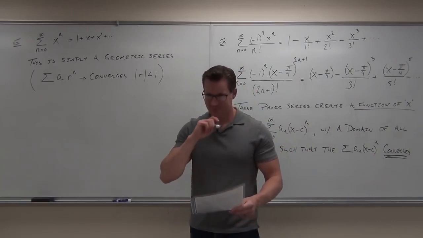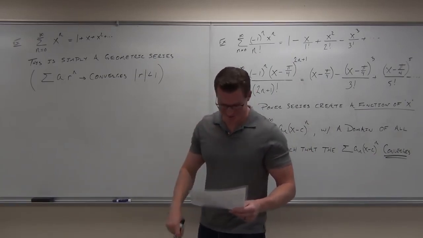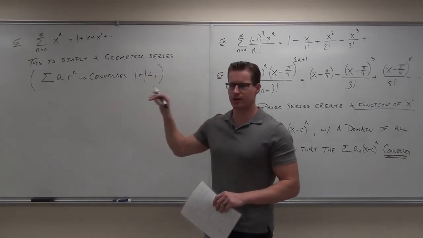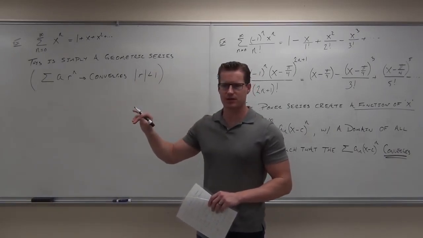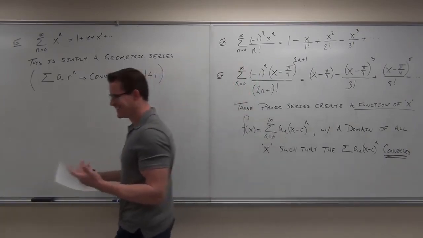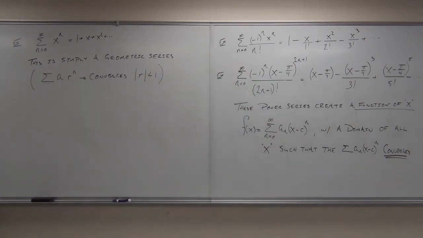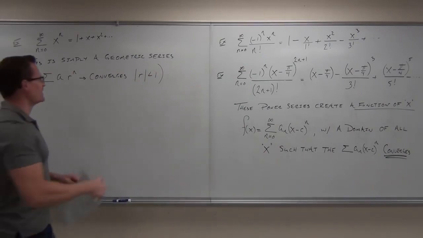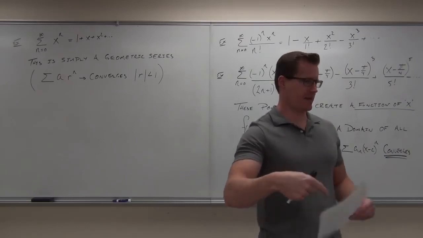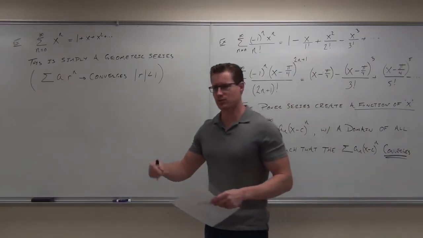Make sure it's on your note card. By the way, that r, I don't know if I ever told you this, is called the common ratio. Did I ever tell you that? No. It's called the common ratio. Like 20 sections later. Whatever. So, a geometric series converges when the common ratio r is, in absolute value, less than 1.